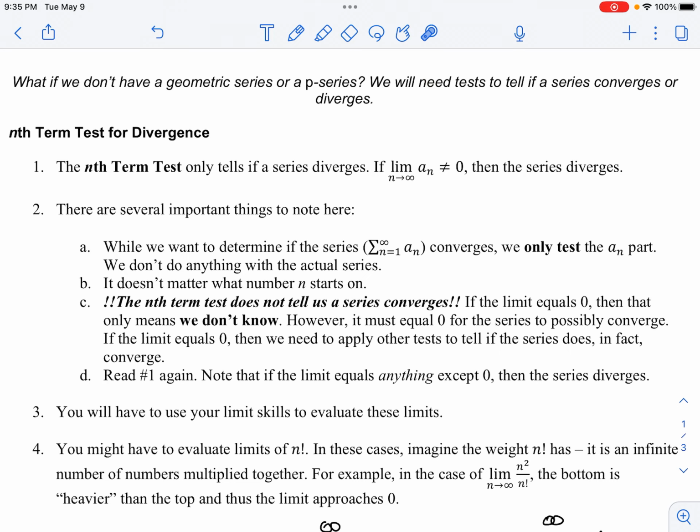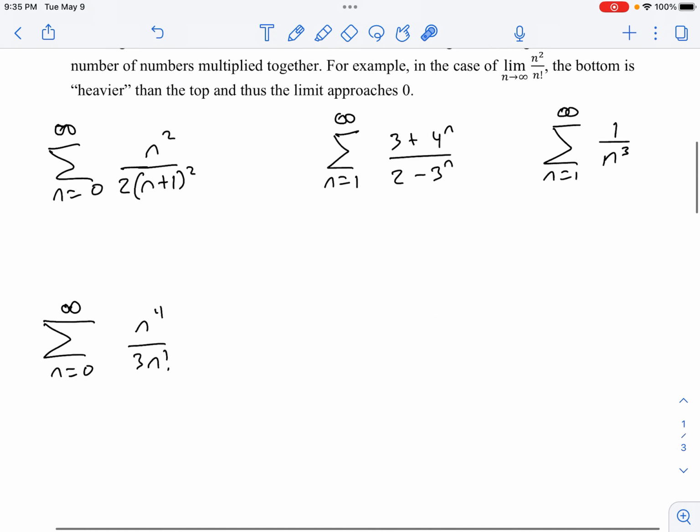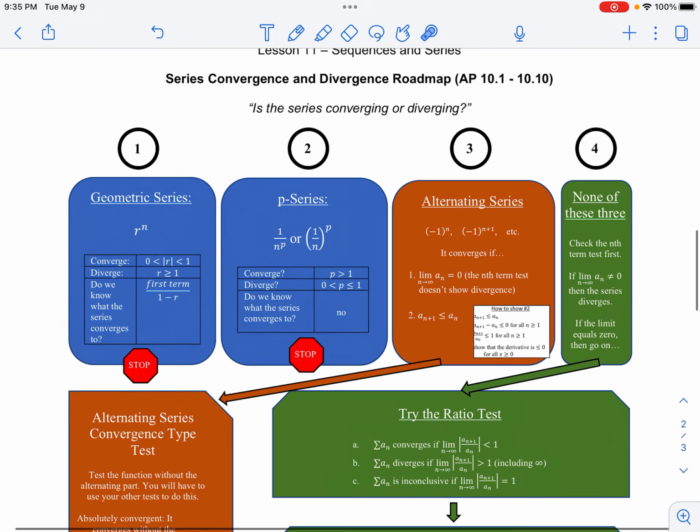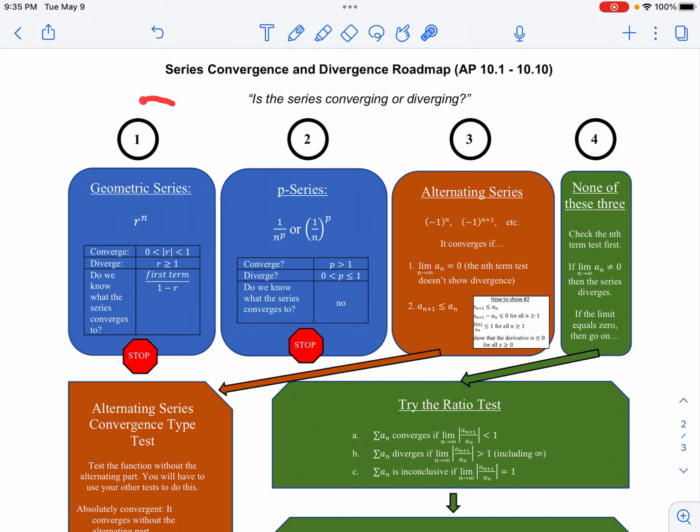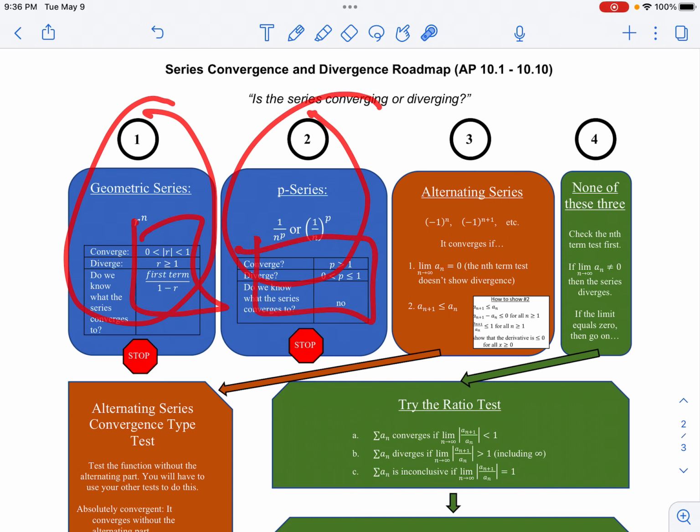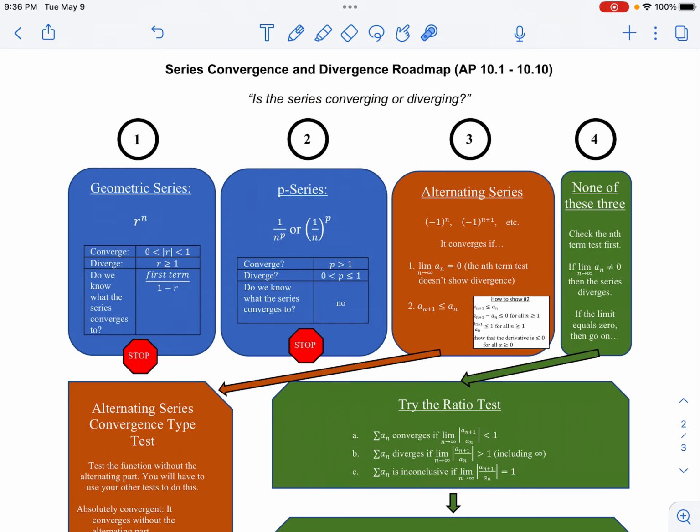Now, before we jump into the nth term test, let's look at our roadmap here. We've already had a lesson where we learned about the geometric and p-series. And if you identify your series as one of those two, we have very clear-cut, easy rules about if they converge or diverge. But after geometric and p-series, things get just a little bit more tricky.